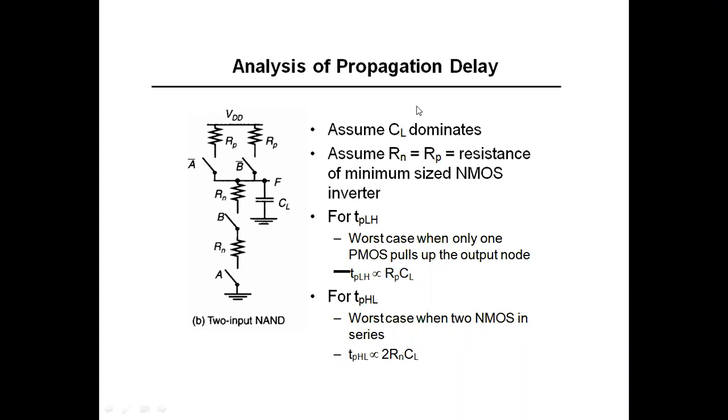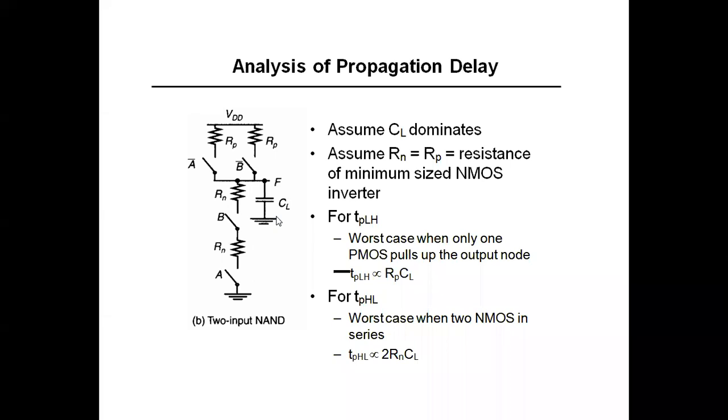What would be the worst case? Out of these two parallel PMOS, only one PMOS can connect to the output node. In that case, TPLH, the propagation delay from low to high, is directly proportional to Rp multiplied by CL, the load capacitance, which is the dominating factor.